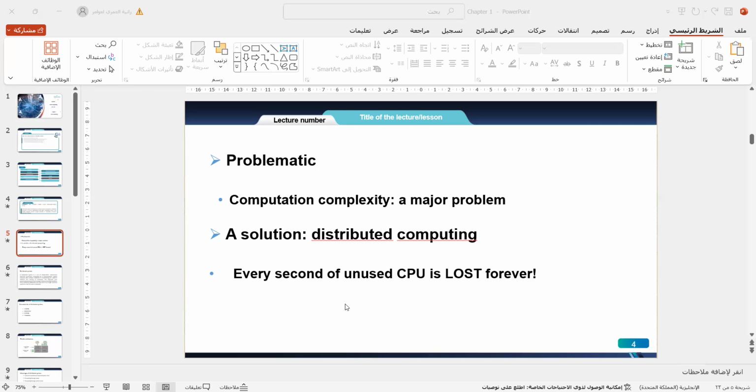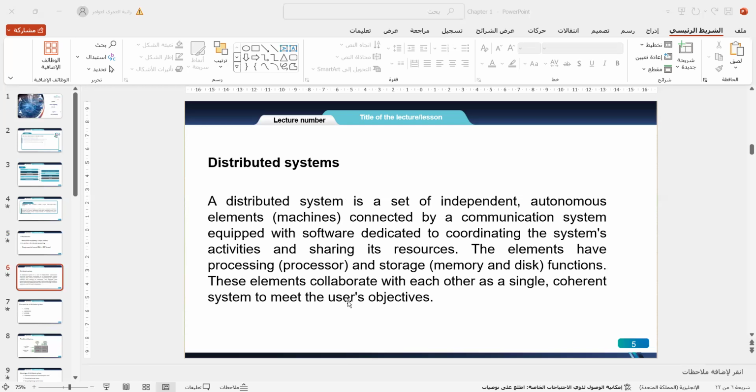OGSA provides a framework for data sharing and resource management, while the sample grid protocol is an open source package that includes the protocol and software tools needed to set up a computational grid. Okay. Now let's talk about distributed systems.